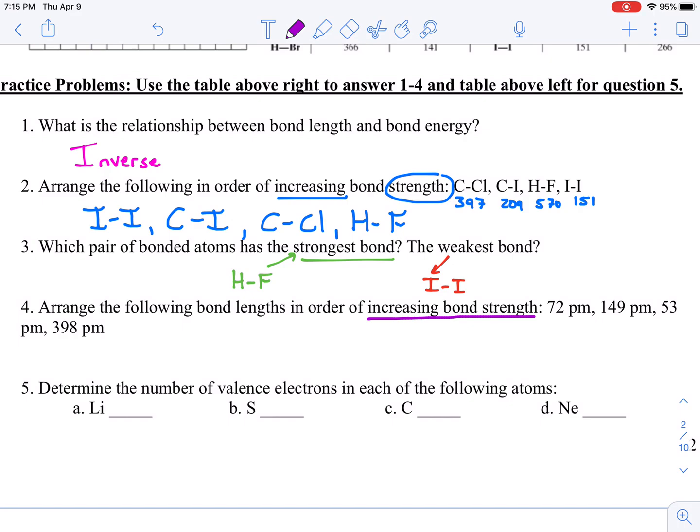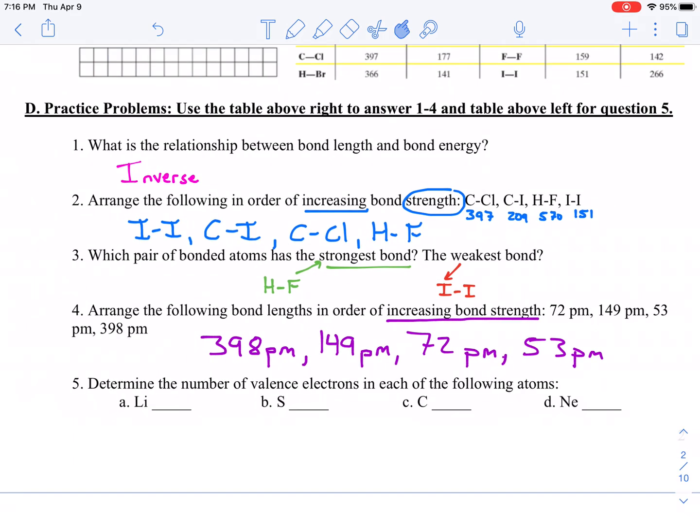The longest bond we see here is this 398 picometer bond, followed by the 149, followed by 72, which is followed by 53 because that is the shortest bond. Because there's an inverse relationship, the shortest is the strongest.